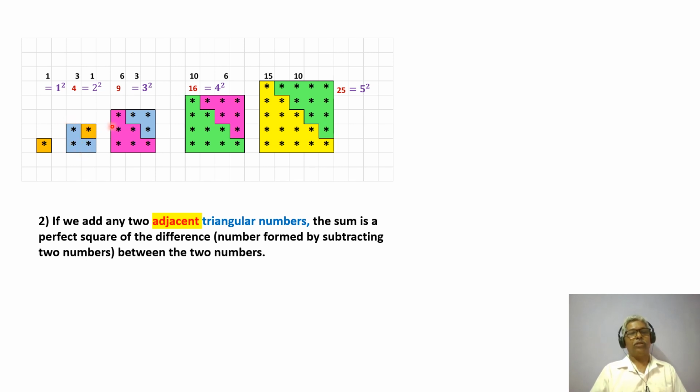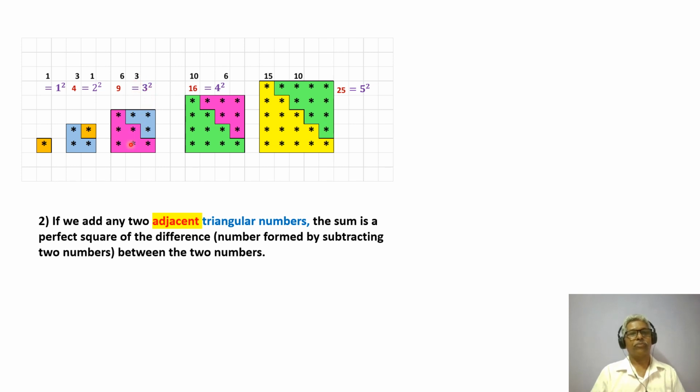We will see here again, this was 6, then the adjacent was 3 from this side, added here, then that becomes a square, and this is 9 stars, so that is 3 square, that means 6 minus 3. The difference was 3, and the result is 3 square.